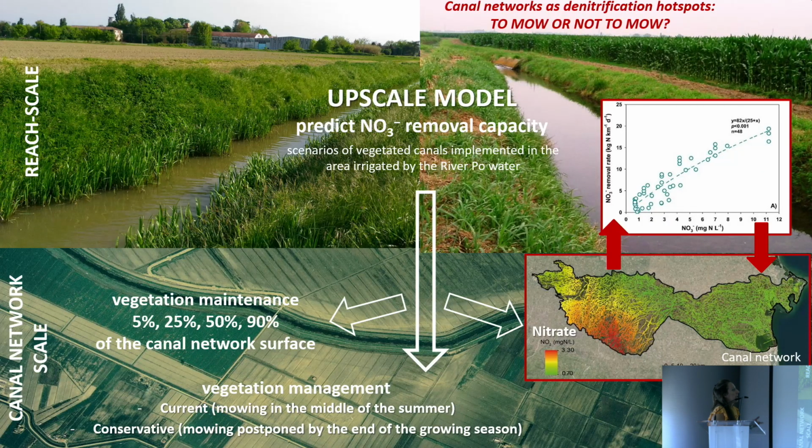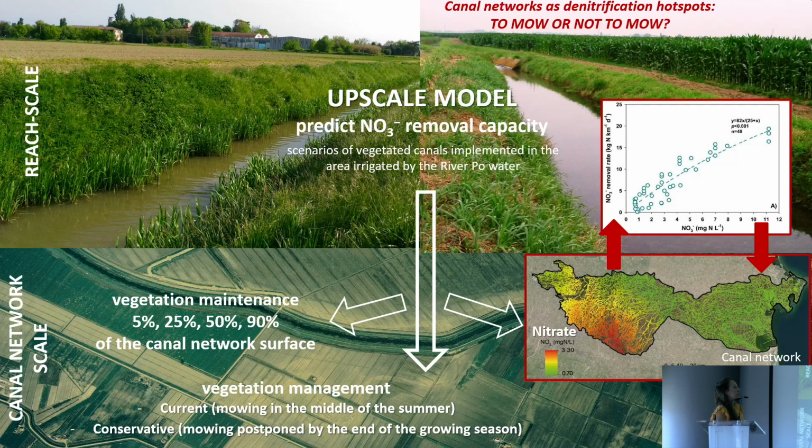Okay, we demonstrated that the canal network can be a hotspot of denitrification, but what can we expect if we restore vegetation in different amounts of the canal network? We used different upscaling models in order to predict the nitrogen removal capacity under different scenarios of vegetation restoration in canals in the area irrigated by the Po River water. That is the picture on the right.